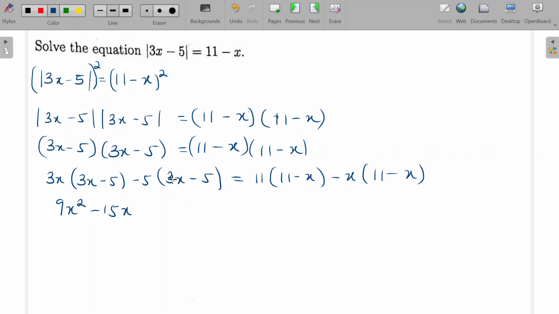Then negative 5 times 3x gives you minus 15x. Then negative 5 times negative 5 gives you plus 25, is equal to 11 times 11, 121.